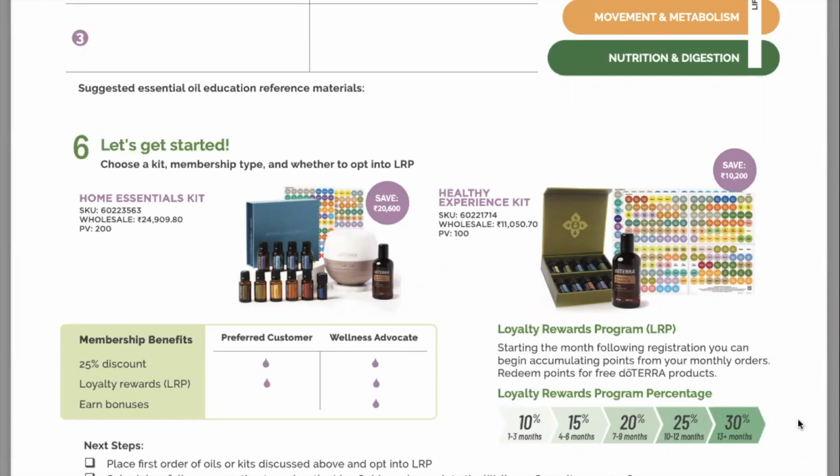So this is kind of where, again, reach back out to the person that has invited you to this class. Go to them, sit down with them to see what you can do as your first order, how you can take advantage of the loyalty rewards program, and if you're interested, how you can also share the business and become a wellness advocate to be able to get your oils paid for.